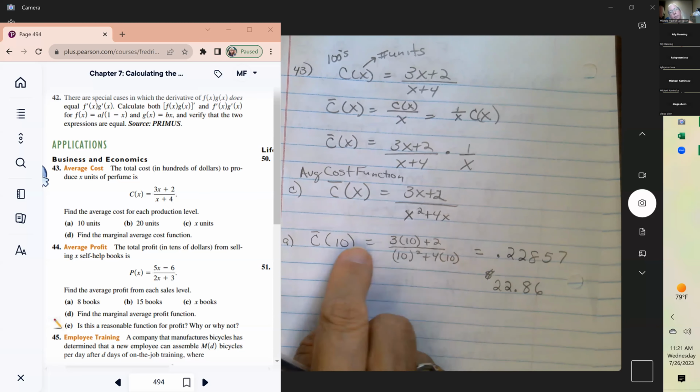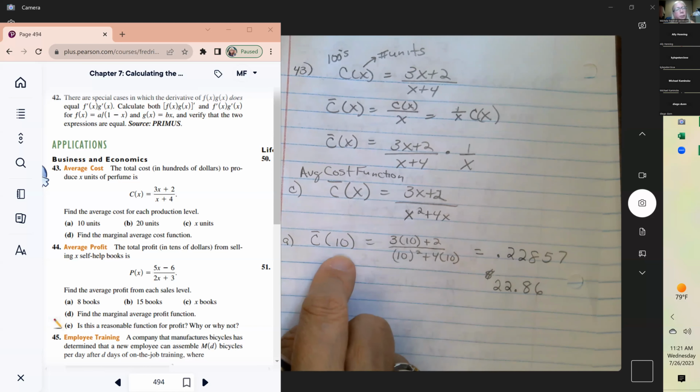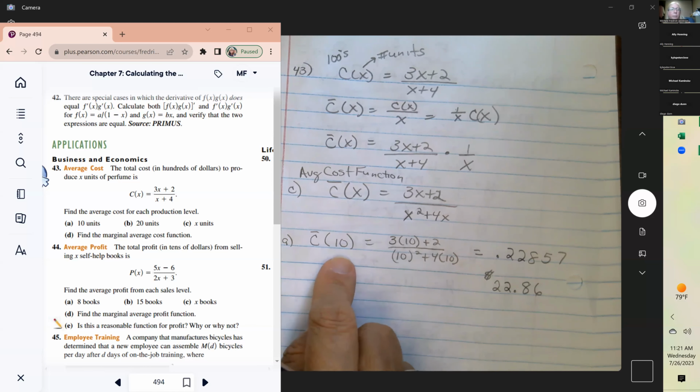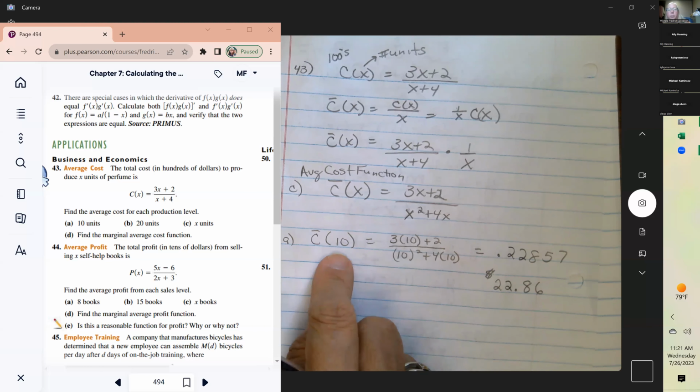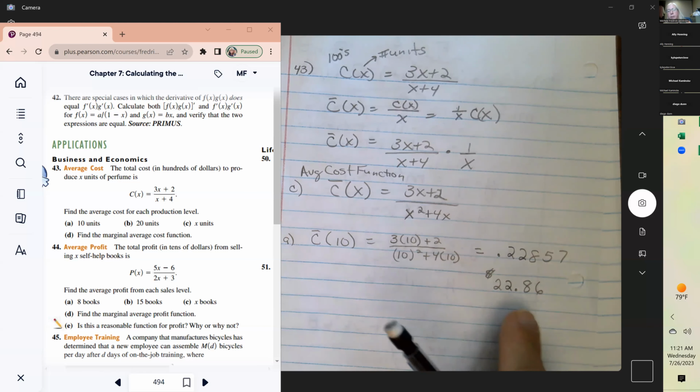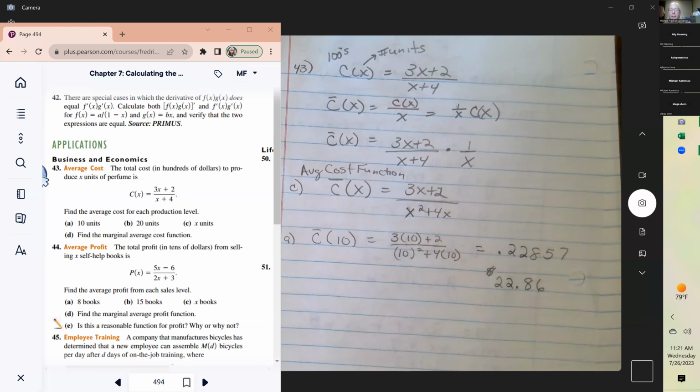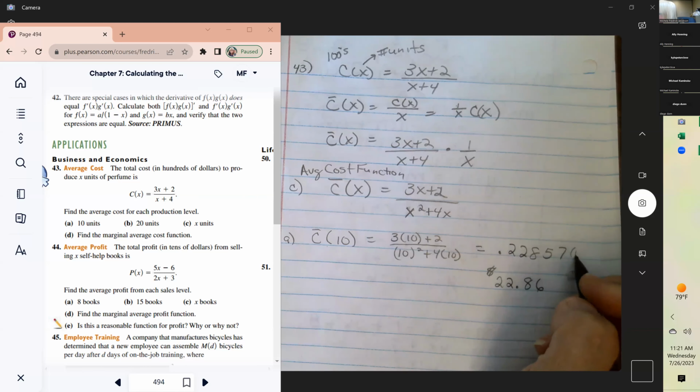If we want 10 books produced, these were books, or units of perfume. If we want 10 units of perfume produced, they'll cost $22.86 each. Because this is average cost, so it's the cost per item. And it was in hundreds, so that's why I multiply by 100.